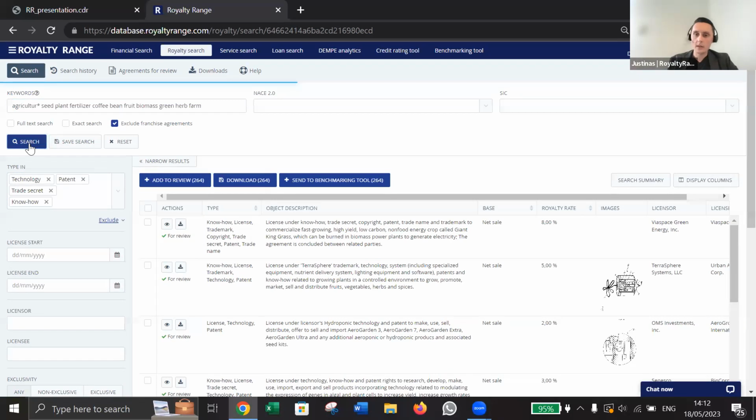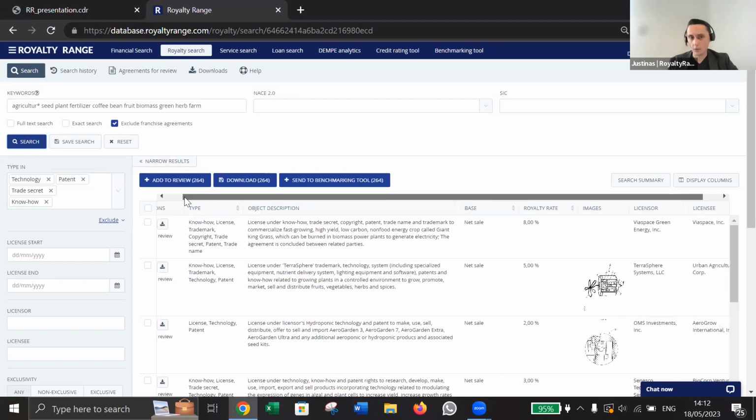And what we get in the database is agreement summaries. Agreement summaries are accompanied by the text of the agreements in case you want to proceed with further due diligence of the legal contract. But normally these summaries are more than enough to find relevant comparables.